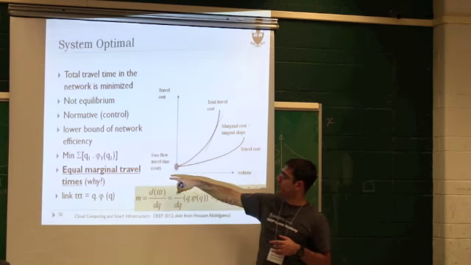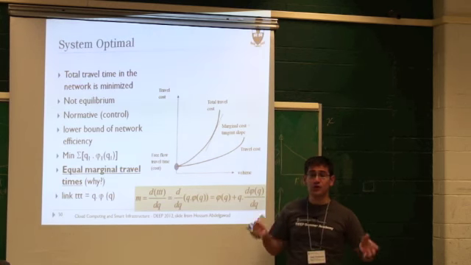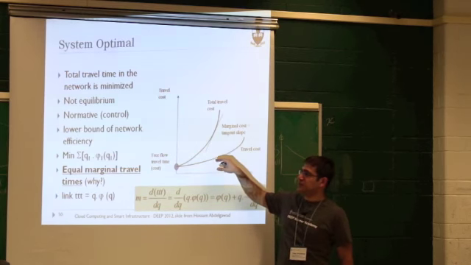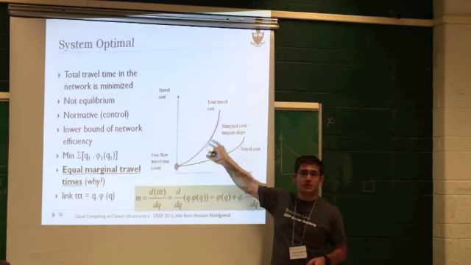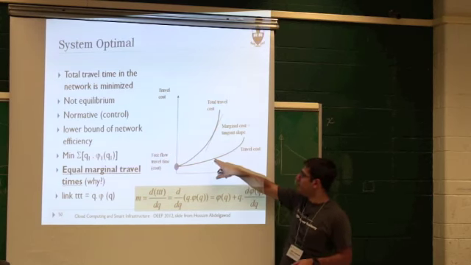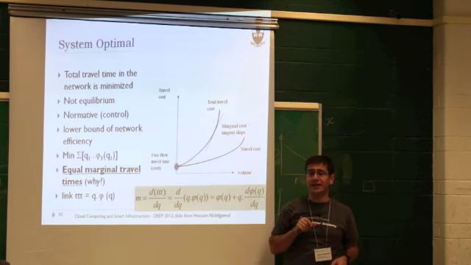That ends up minimizing the total travel time for all the users, and the total travel time is based on the number of vehicles on this route times the travel time plus the number of vehicles on this link times the travel time on that link.